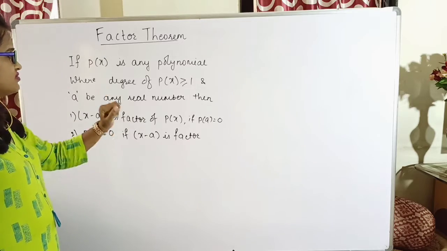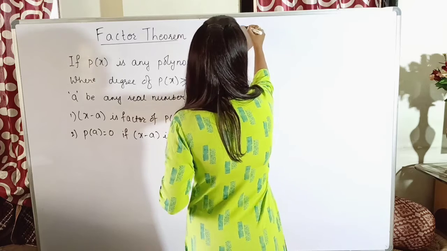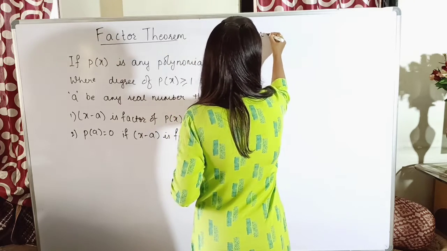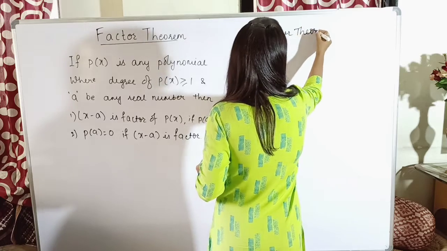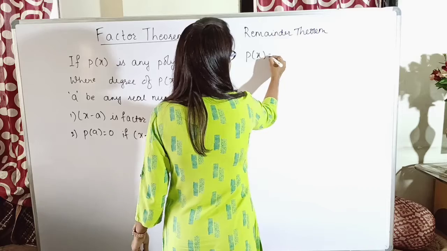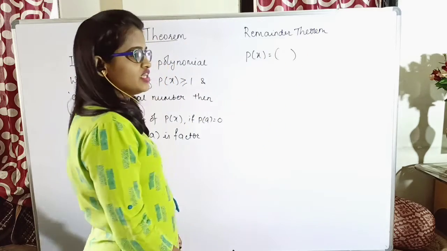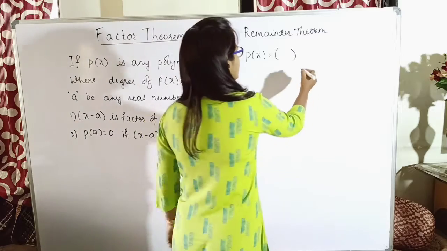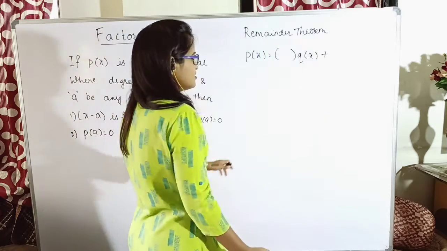Now let us try to understand the theorem. First of all, let me write down the remainder theorem. Now according to the remainder theorem, what was the change in our division formula? Dividend p of x is equal to divisor into quotient plus remainder, right?